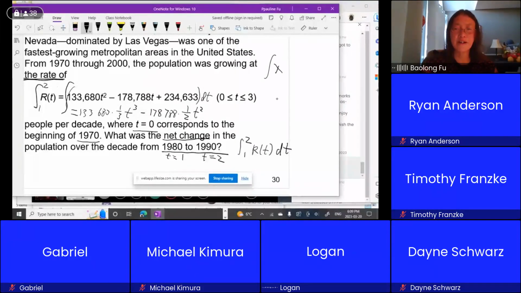Here we are using the power rule for x to the n. So this is the foundation, okay? And the last term, again, from 1 to 2.